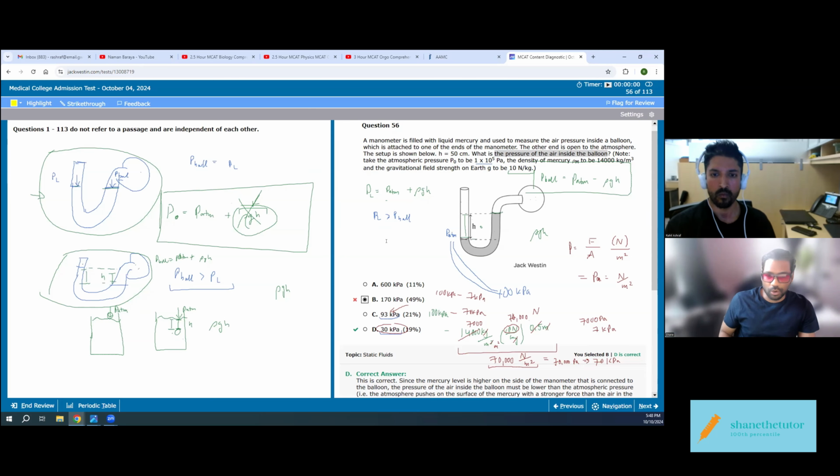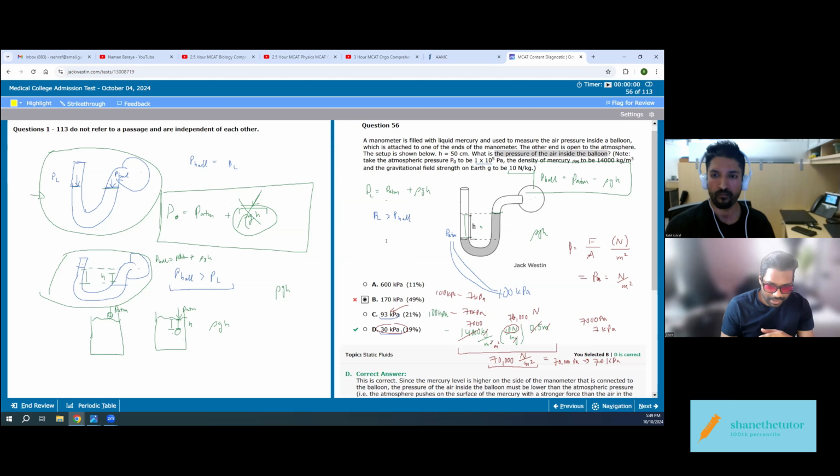So right away, you're doing better than 60% of people, right? And then you see that it's a very easy mistake to end up getting 7 kilopascals, and that's why 21%, more than a fifth, chose C, right?